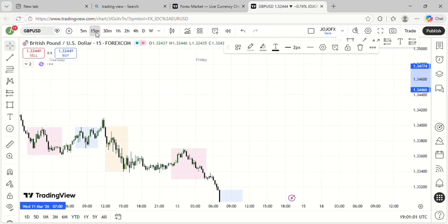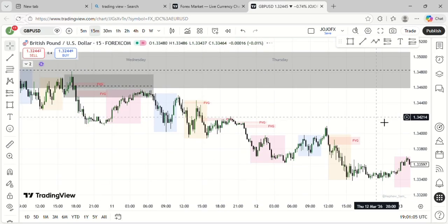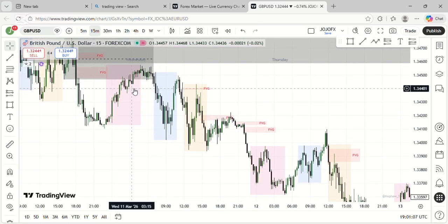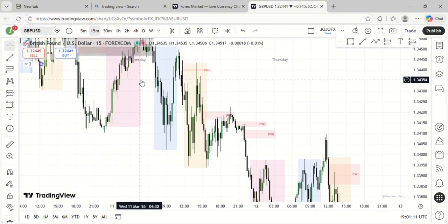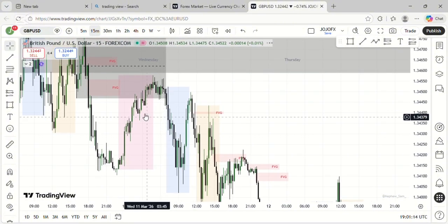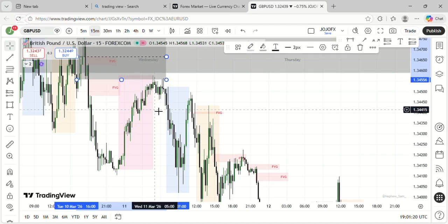So I went down to the 15-minute time frame to look for a more precise entry. Yeah, I think I refined it more to be around this level.